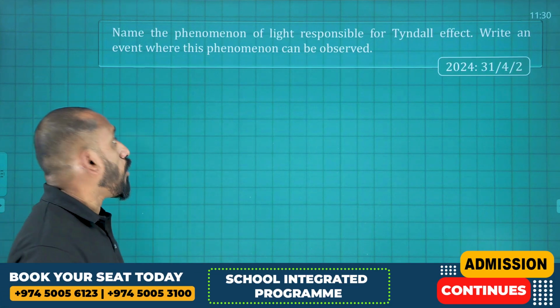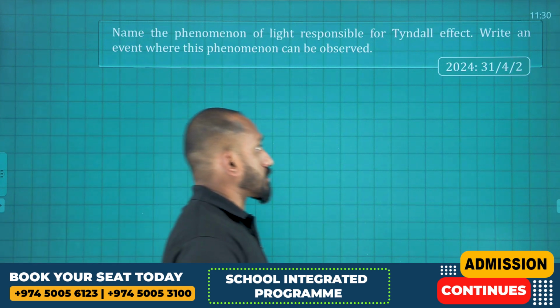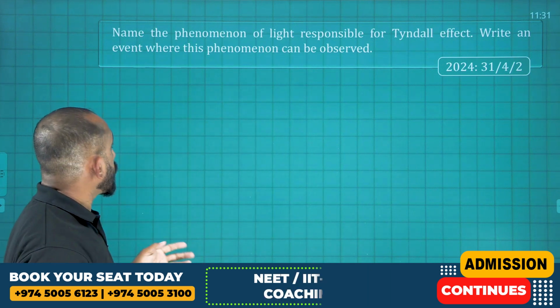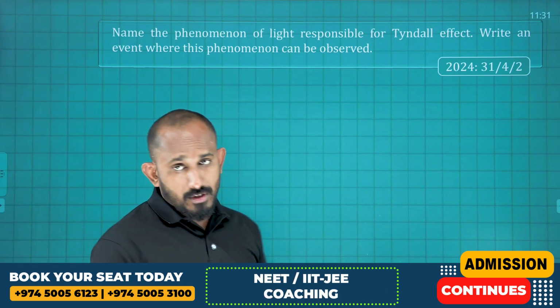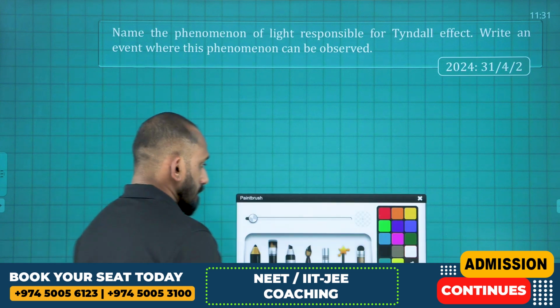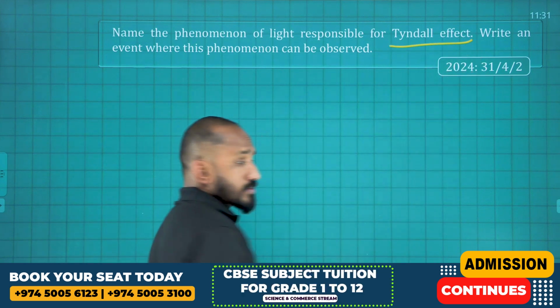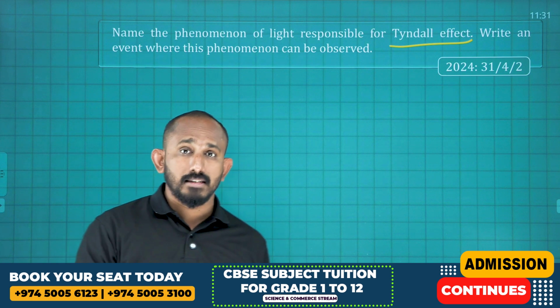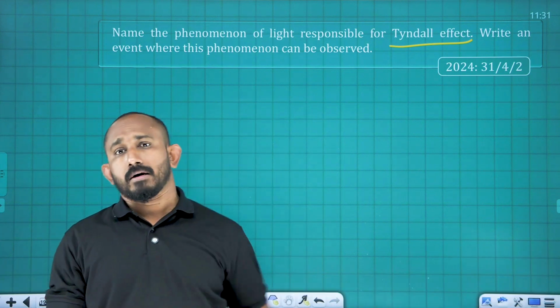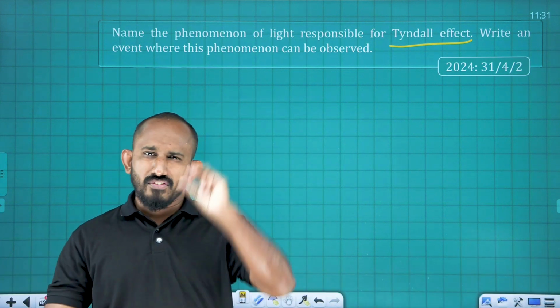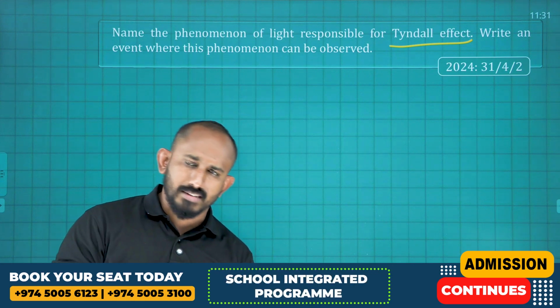Name the phenomenon of light responsible for the Tyndall effect. Write an event where this phenomenon can be observed. You know, the Tyndall effect is the scattering of light by large particles. With very fine dust particles, normal scattering happens.